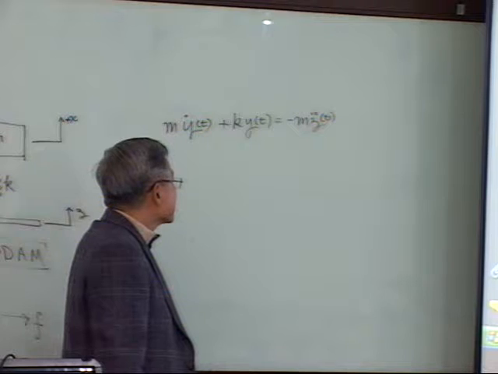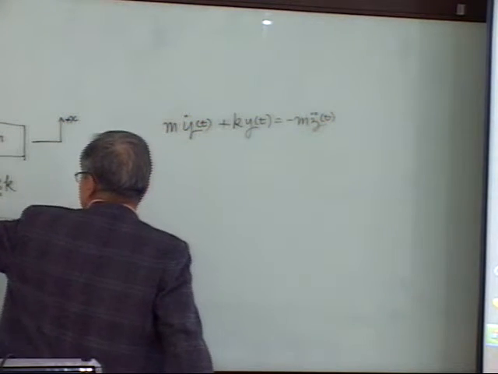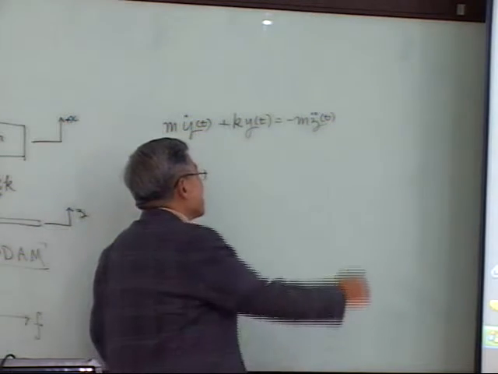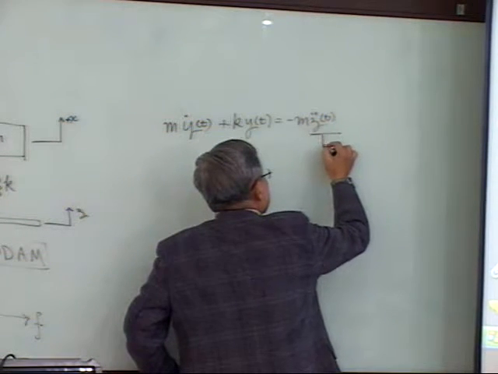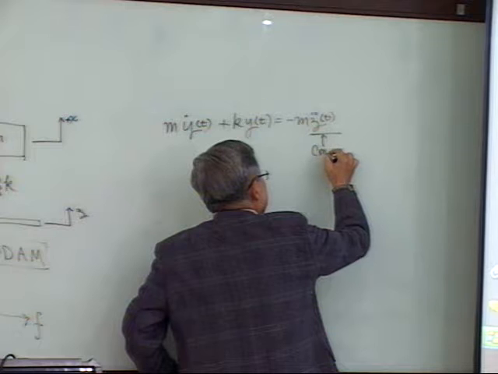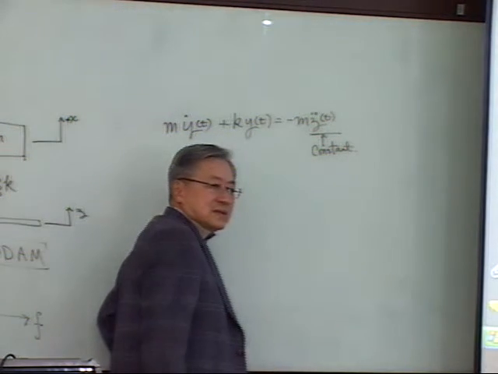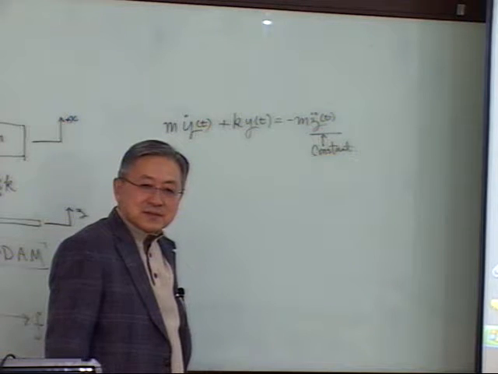general. But in this case, if you use a triangular pulse, then what happens? Z double dot is a constant, right? That's the constant, right? That's simpler.